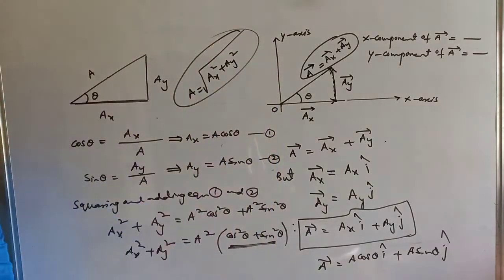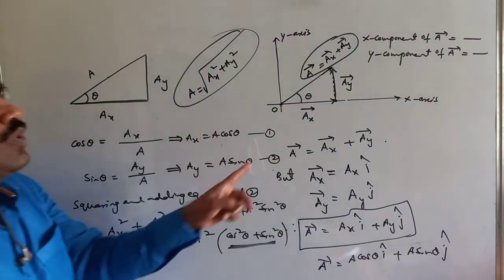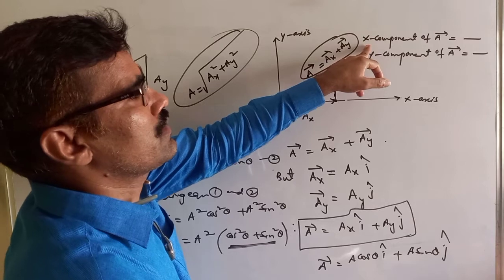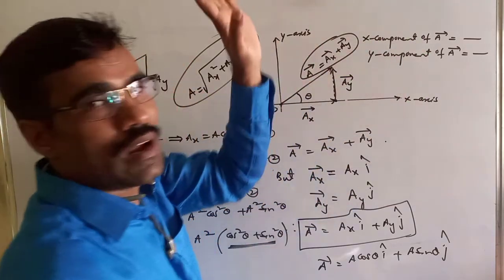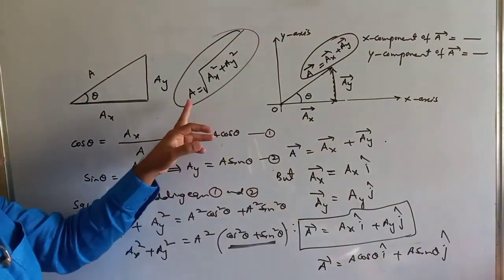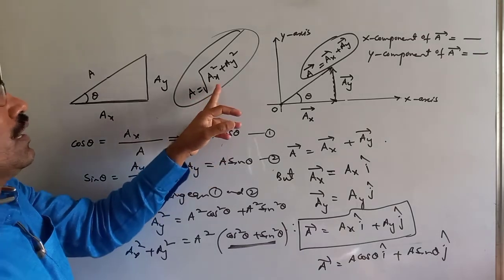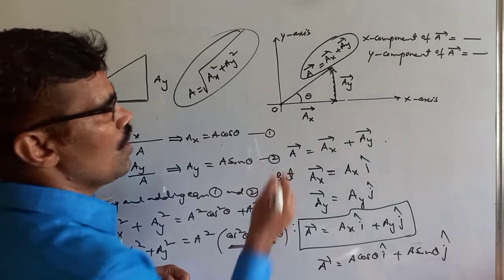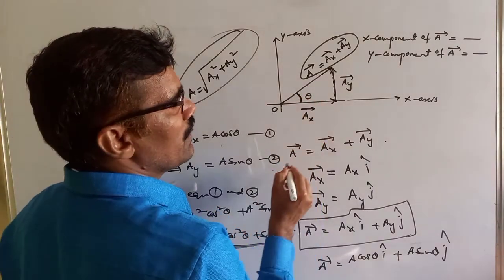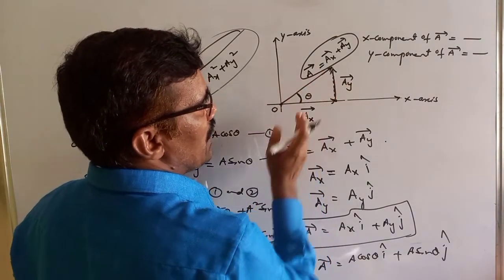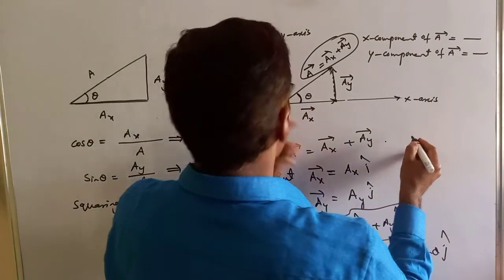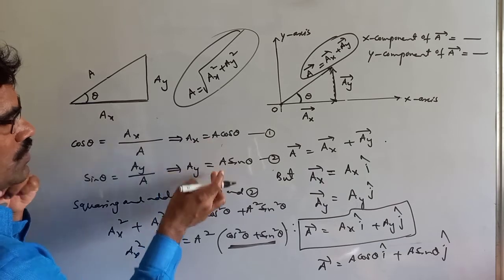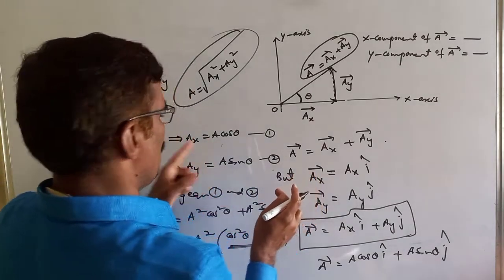This is the magnitude of vector A in terms of x component and y component. A is equal to the square root of Ax square plus Ay square. Now I want the direction. What is the angle made by vector A with the x-axis?